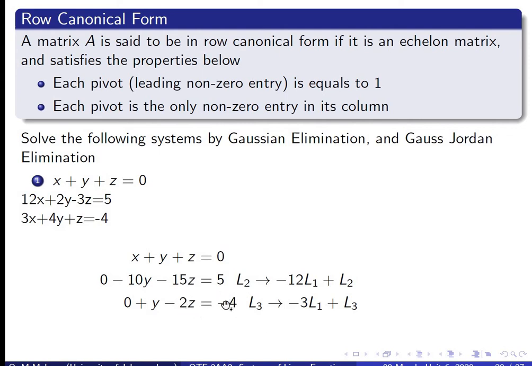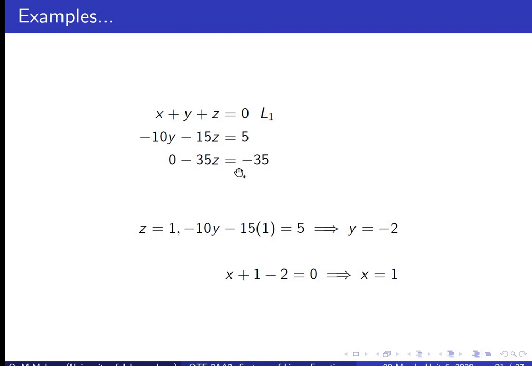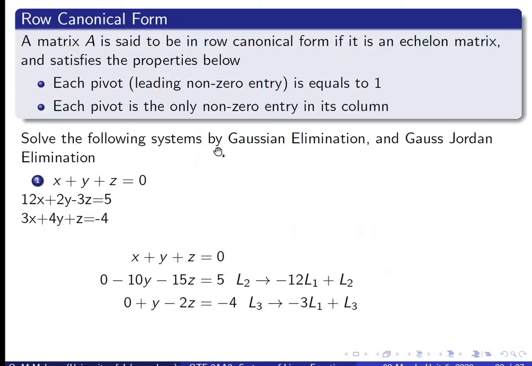And this will be -40 plus 5, which is -35. That's how we got this third equation. We got it by multiplying the previous third equation by 10. So L3 is just 10 L3 plus L2.